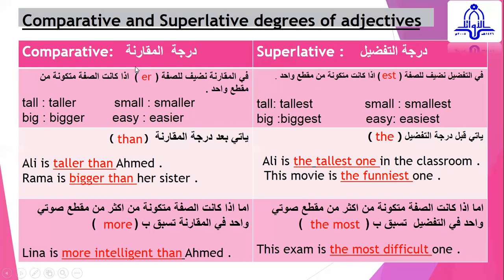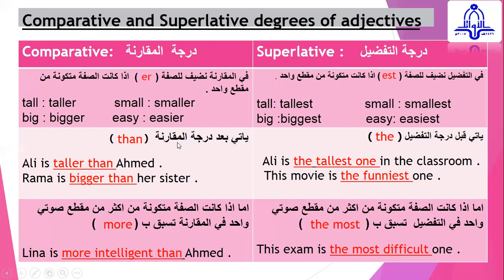The comparative is to compare between two things or two people, while the superlative is to prefer something in an adjective. يعني يفضل شيء بصفة معينة. So here in comparative we add ER to the end of the adjective if it consists of one syllable sound, while in superlative we add EST to the end of the adjective if it consists of one syllable sound.